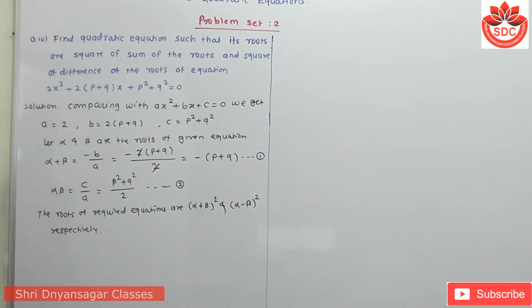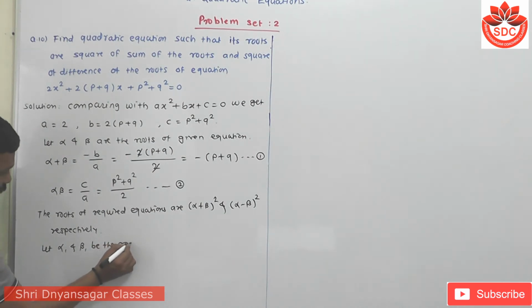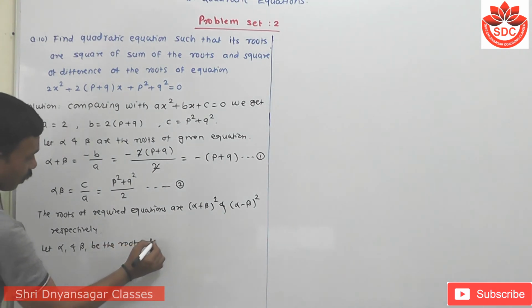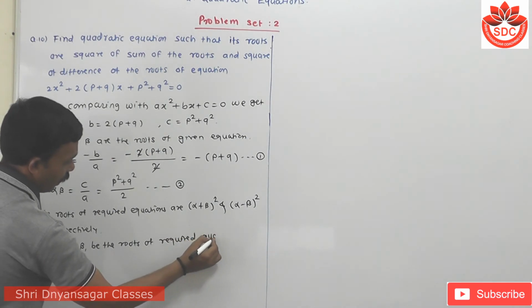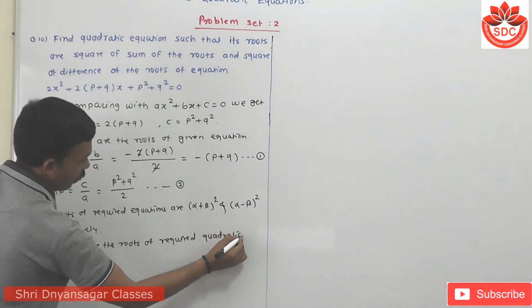Okay, now we again take the roots of the required equation. Let alpha and beta be the roots of the required equation. Again alpha and beta, here we take alpha 1 and beta 1. Let alpha 1 and beta 1 be the roots of the required quadratic equation.